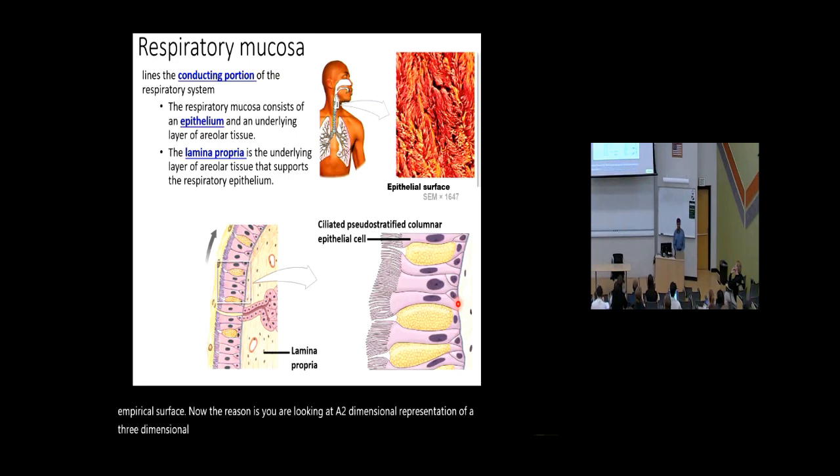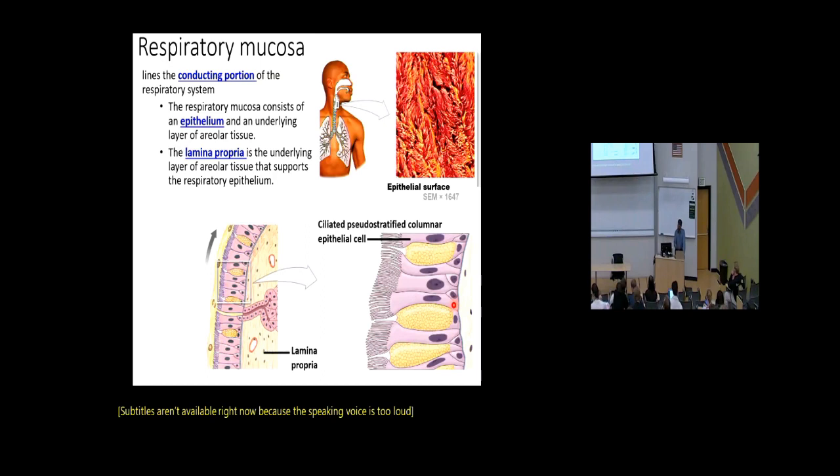I repeat, you're looking at a two-dimensional representation of a three-dimensional structure. So if you were to take a few extra slices and go further down, these two cells which don't seem to be reaching the apical surface will eventually reach the apical surface, but maybe the one next to it won't reach the apical surface. So that is the reason why it's called pseudostratified columnar epithelial cells.